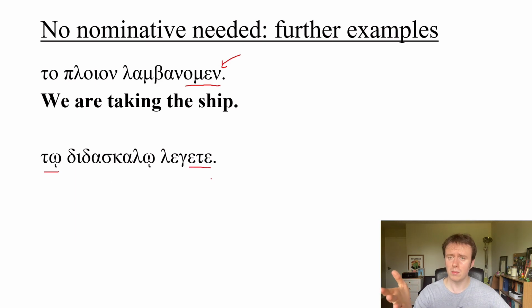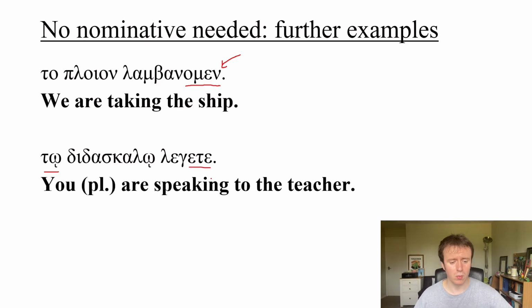We know ete means that you plural are doing the action, or do the action, of course. And therefore, we would translate the sentence as you plural are speaking to the teacher, or you plural speak to the teacher. We don't have any nominative noun or pronoun, and so that's how we have to translate it.